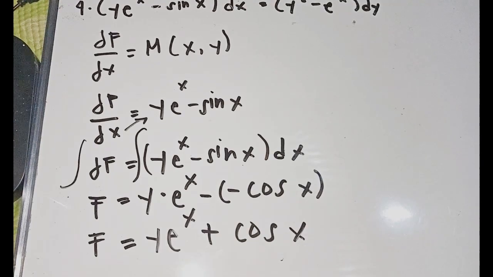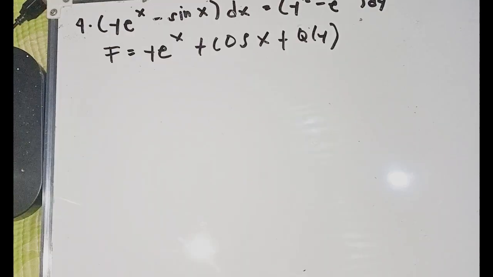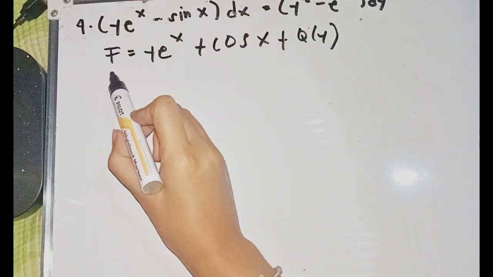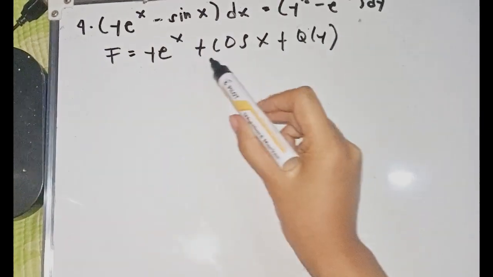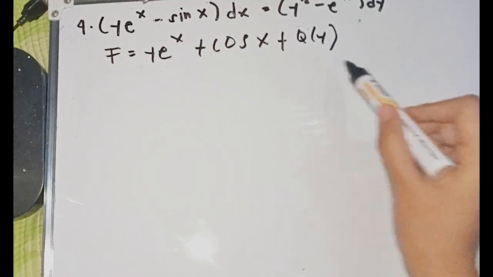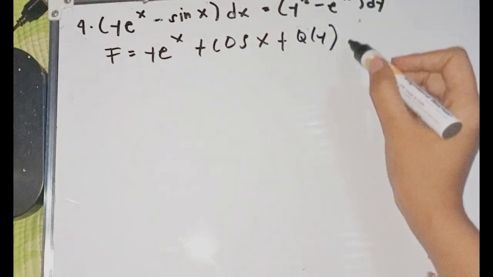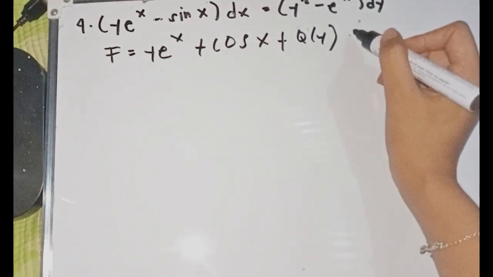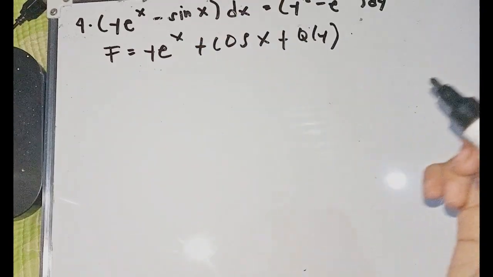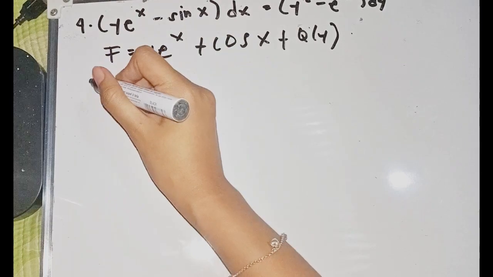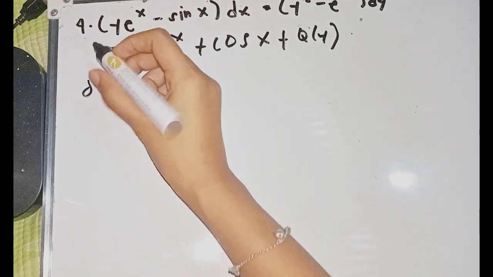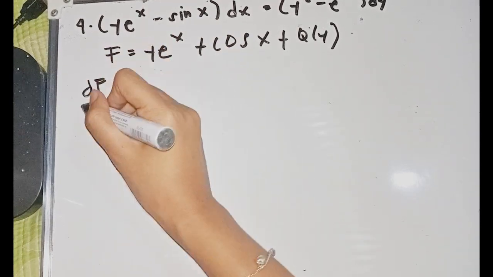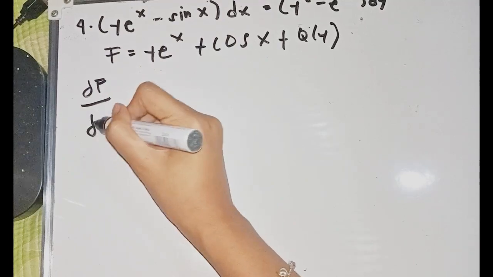So next, we have now the f. Our f is equal to y e^x plus cos x plus g of y. So we are looking for the value of our g of y. The next step is we will differentiate. The partial derivative of f with respect to y.